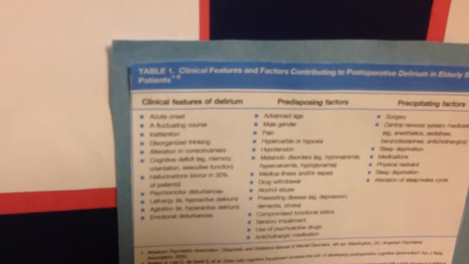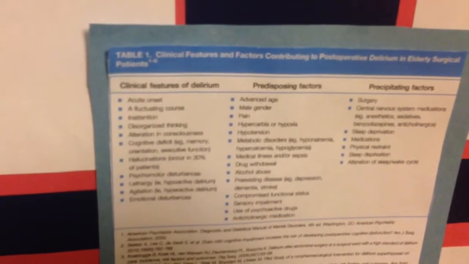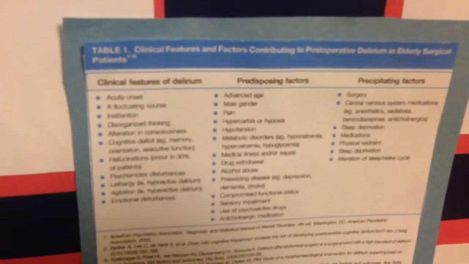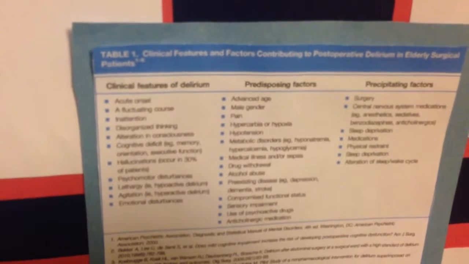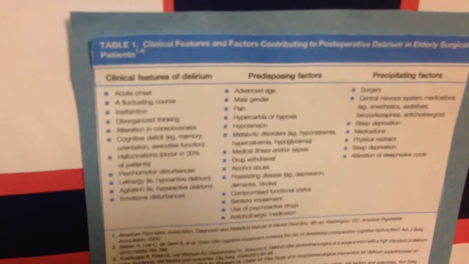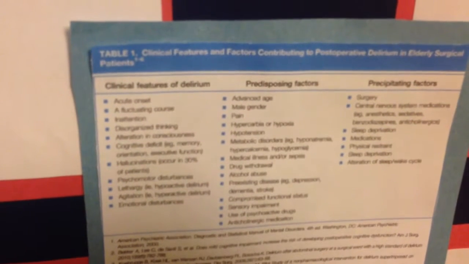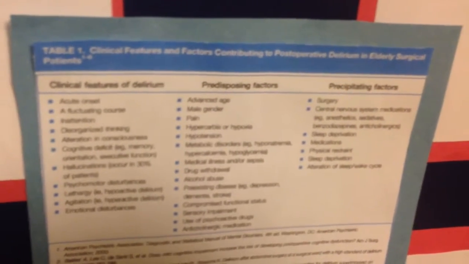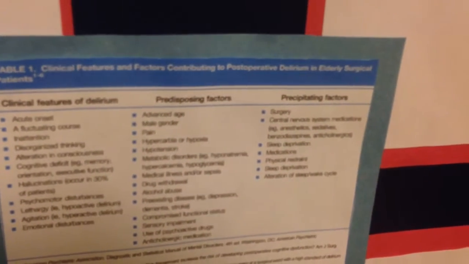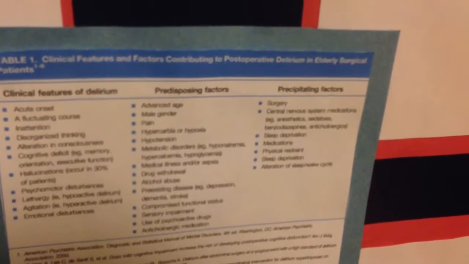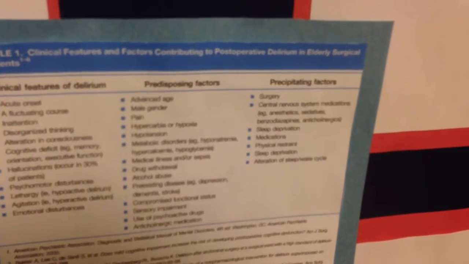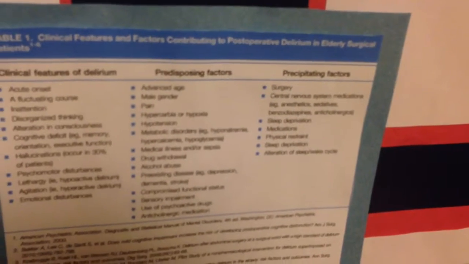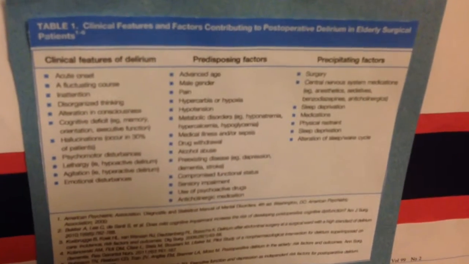And we also got the predisposing factors, which are the elderly, the male gender, pain, either drug or alcohol abuse. And we also had the precipitating factors, which go more with my project, which is like the surgery for those that have their hips done, or maybe they are sleep deprived, which happens a lot in the hospital as well.